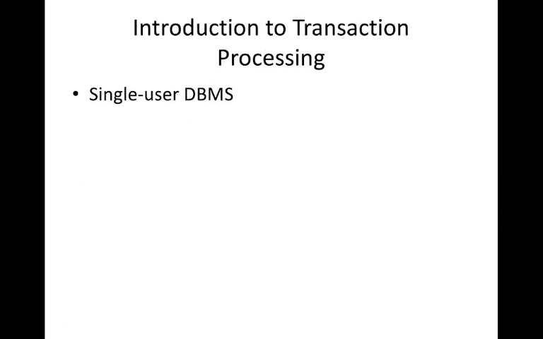Before going into that, we have already studied that there are two types when we consider database systems: single user and multi-user systems. Database systems can be single user DBMS or multi-user DBMS.